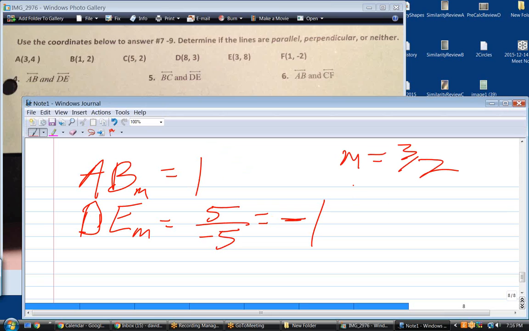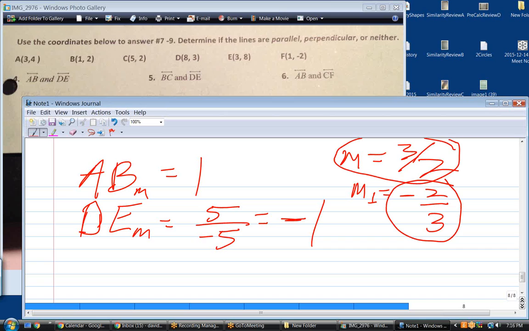Well, the slope that's perpendicular to that is flip that and make it negative, or opposite the sign. So that would be negative 2/3. So if I had a line that had a slope of that and another line that had a slope of that, they would be perpendicular to one another. Okay. Well, is AB the negative reciprocal of DE?